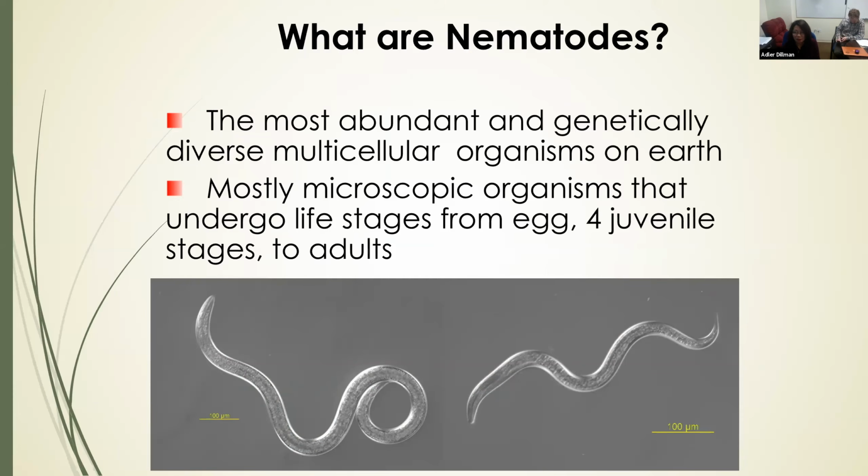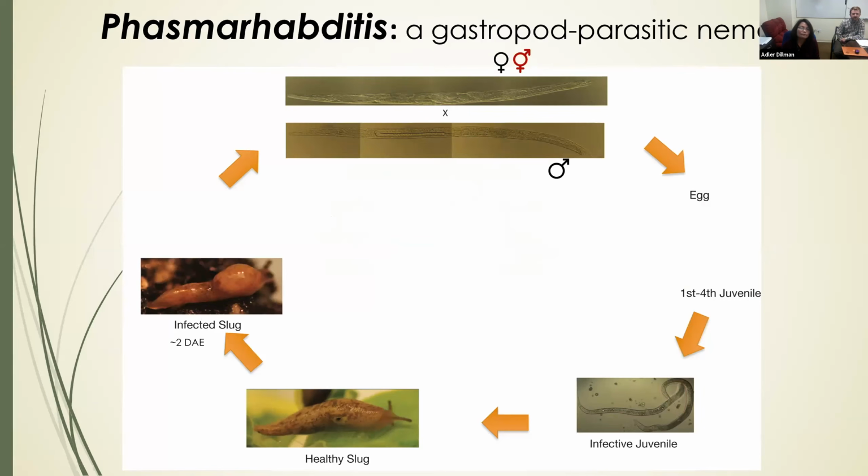They are the most abundant and the most genetically diverse multicellular organisms on Earth. And most of them are microscopic organisms that, like insects, undergo life stages from eggs to 4 juvenile stages until they become adults. So I'll be introducing Phasmarhabditis, which is a gastropod parasitic nematode.